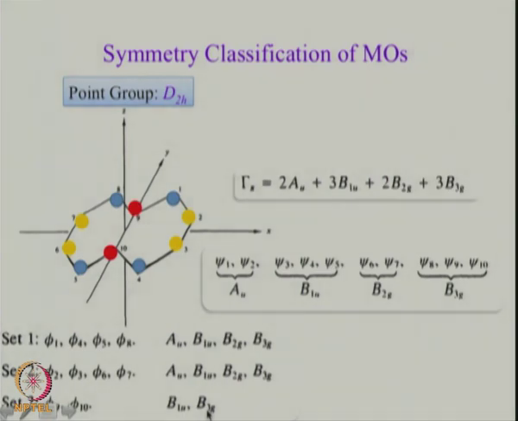Now, we will use projection operators on these phi 1, phi 4, etc., and generate the linear combinations. But let me stop here and ask you a question. What are SALCs? What are symmetry adapted linear combinations? They are linear combinations of atomic orbitals that give you some particular symmetry.